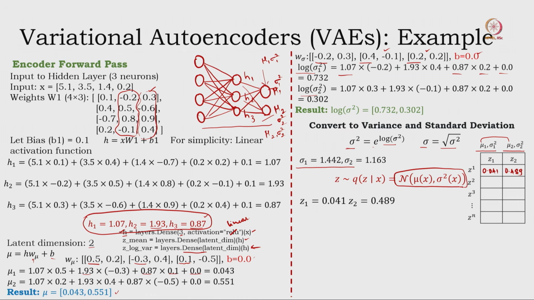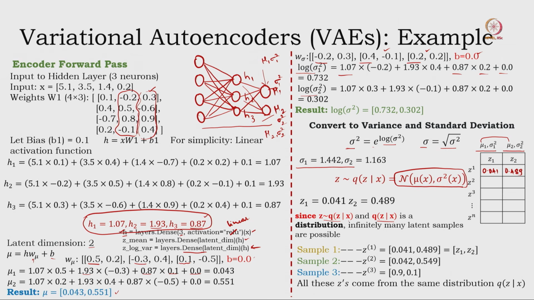Now, the question here is, since Z is sampled from this distribution and this Q of Z given X is a distribution, there exist infinite such Z's. You can sample any number of Z from this. Initially, from the obtained mean and variance, when we sampled Z, we obtained this value.